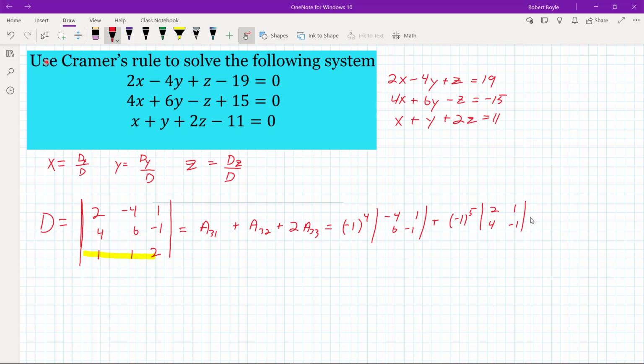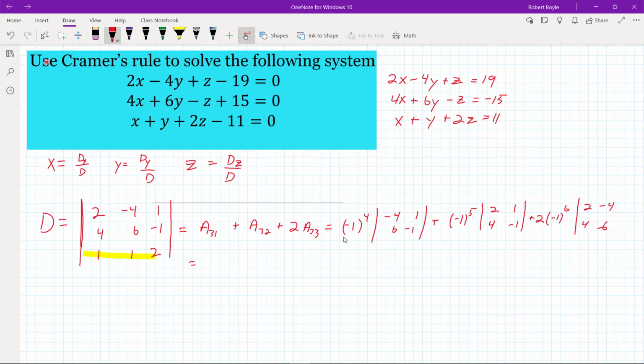And then we're going to have plus 2 times A3,3, which is negative 1 to the 6th power, and the associated determinant is 2, negative 4, 4, and 6.